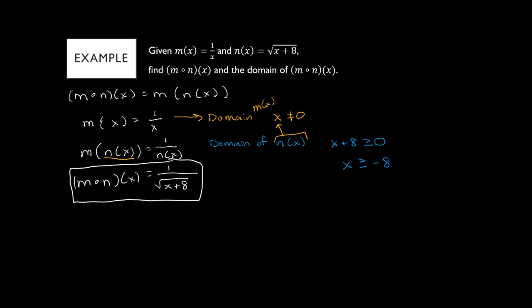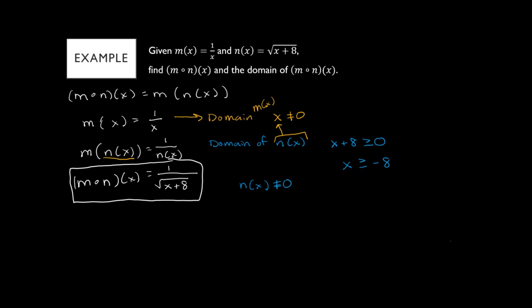So our domain of m is x cannot equal 0. That comes from the fraction 1 over x.